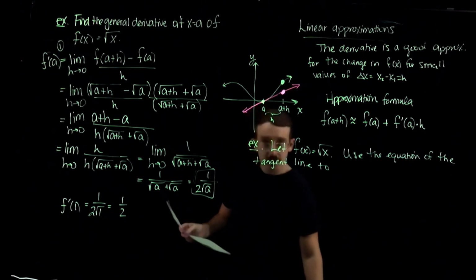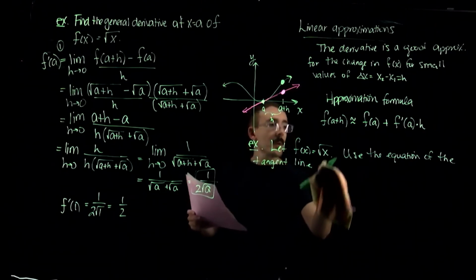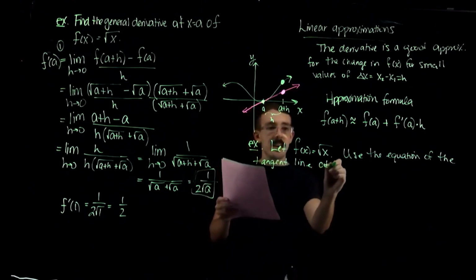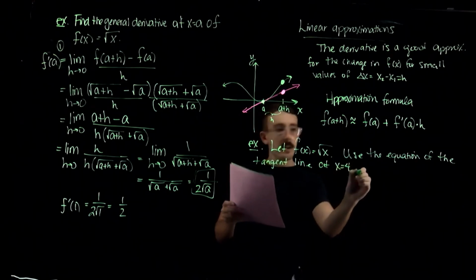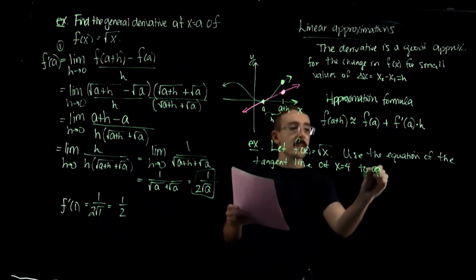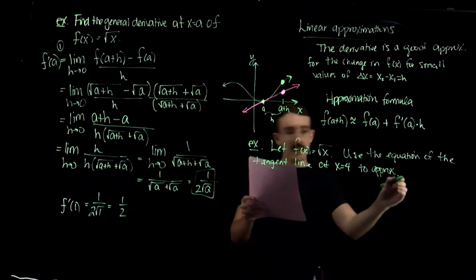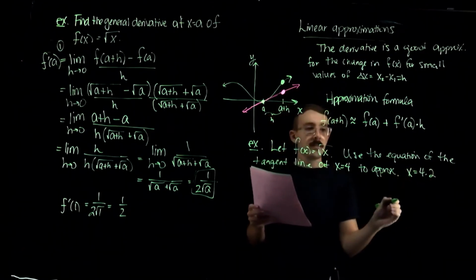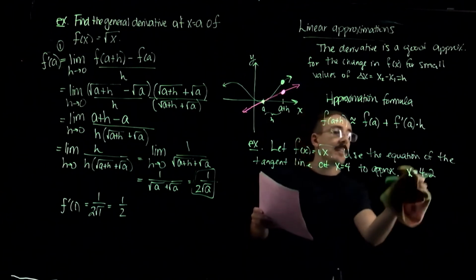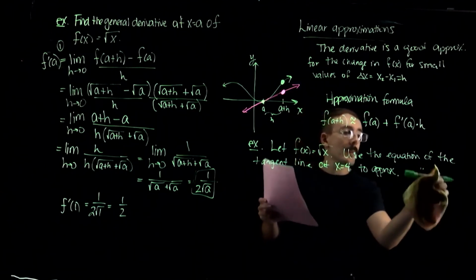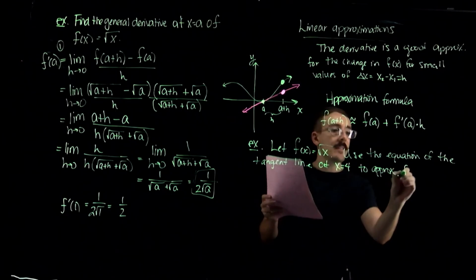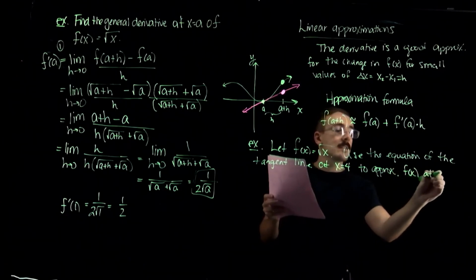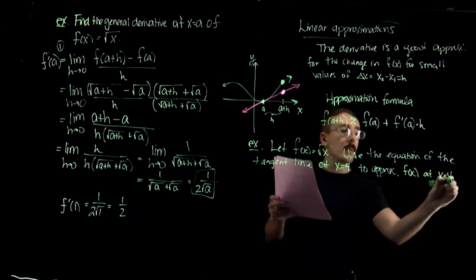Use the equation of the tangent line at x equals 4 to approximate, I'll abbreviate it again, approximate f of x at x equals 4.2.